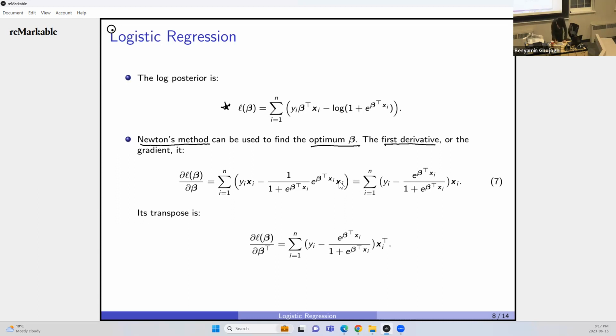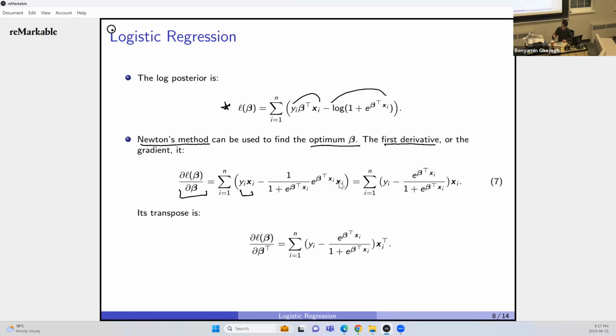So first derivative or gradient, let's take the derivative with respect to beta. This is linear with respect to beta. Its derivative becomes yixi. This one, what is the formula for the derivative of logarithm? The derivative of logarithm of a becomes one over a, right?